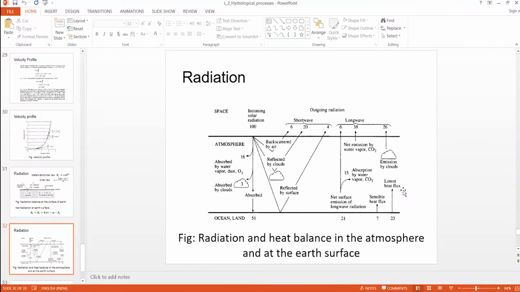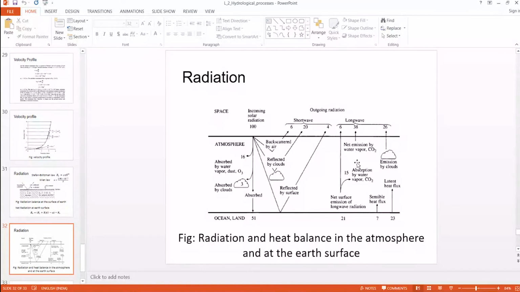The energy given for evaporation from these bodies is 23%. Then 7% goes to sensible heat flux, for heating the immediate atmosphere. The remaining 21 units are absorbed by water vapor and CO2 in the atmosphere.